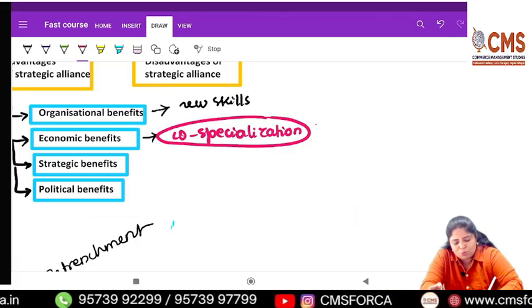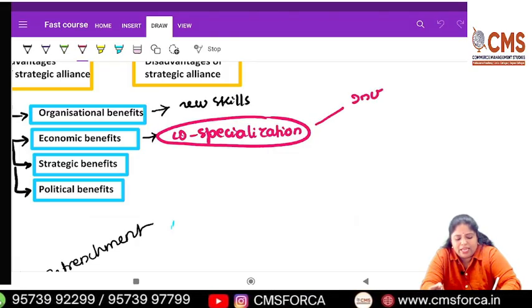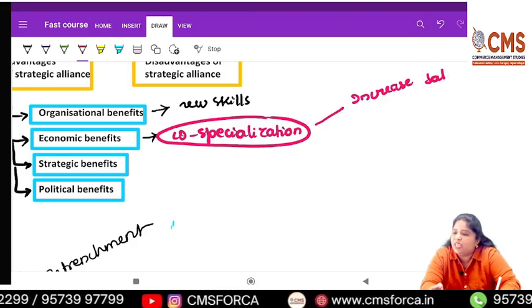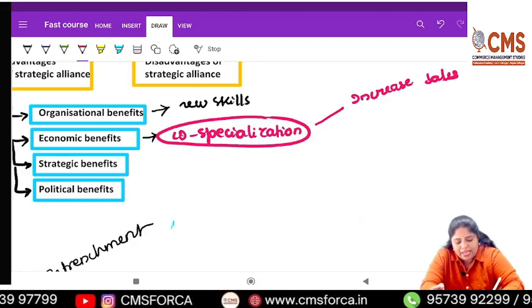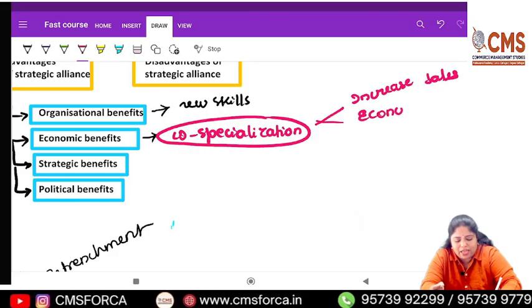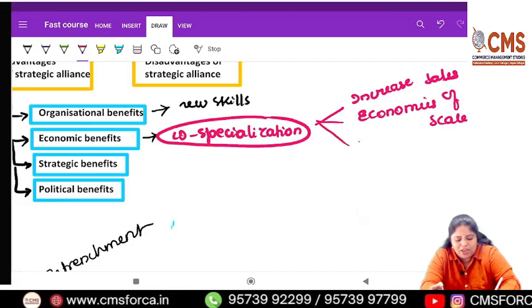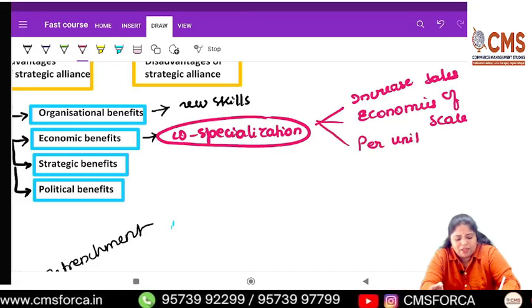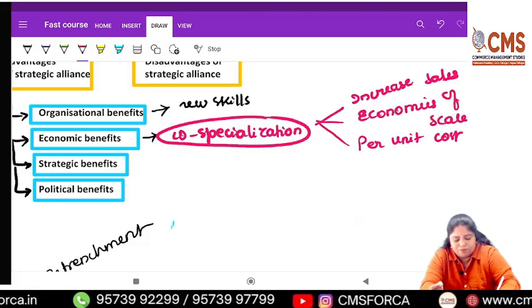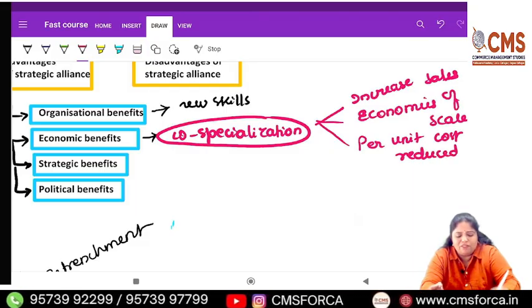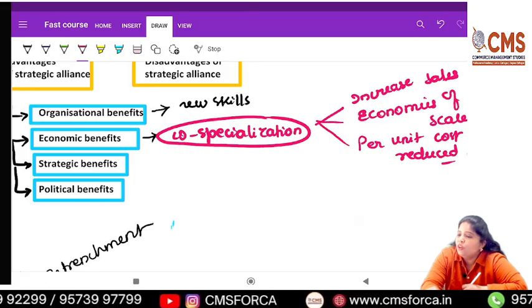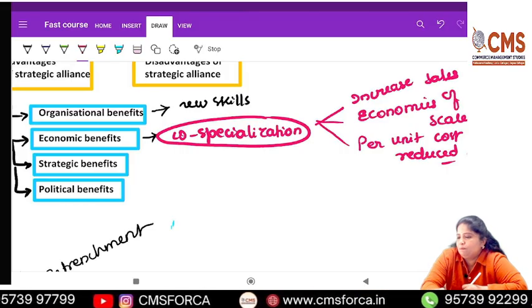Because of this co-specialization, they can increase their volume of sales. They can achieve economies of scale. And per unit cost also can be reduced. So these are the benefits you see in terms of economic benefits.